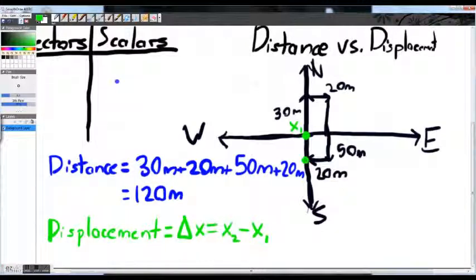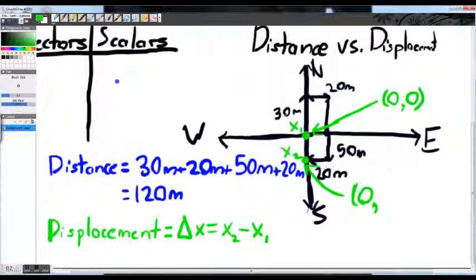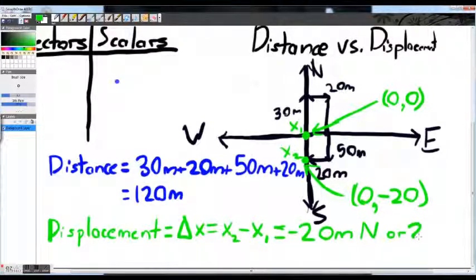Now this x1 at the origin is the point 0, 0. Now this x2 is going to be 0. Let's see, this was at 30, then went down by 50. That's negative 20. And these 20s cancel out, because they're in opposite directions. So what we have is the displacement is negative 20 meters north or positive 20 meters south.